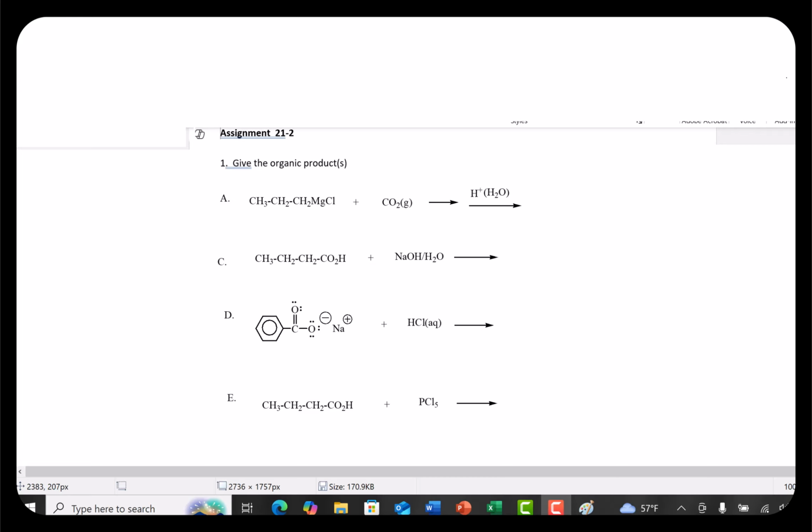Let's look at the second assignment, chapter 21. You have to give the organic product or products for each reaction. Now, here's the idea. You want to not cling to memory banks.